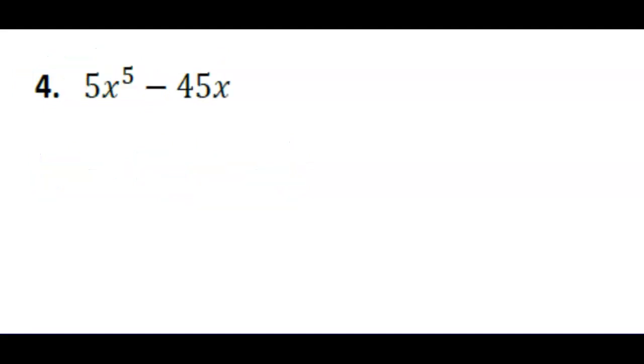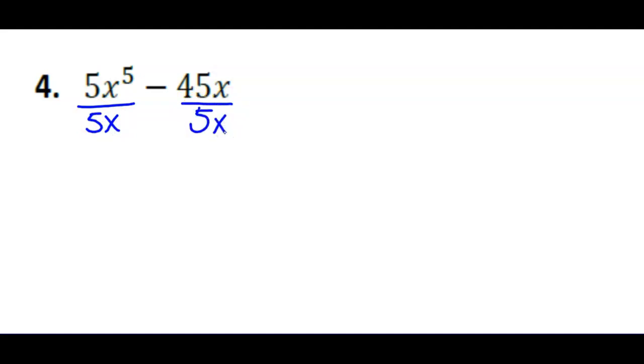Look at number 4. Is number 4 a perfect square as it is, or can you take something out of it? What can you divide both these by? I'm hoping you said 5x. Remember, you can put the box around that if you want to, right?